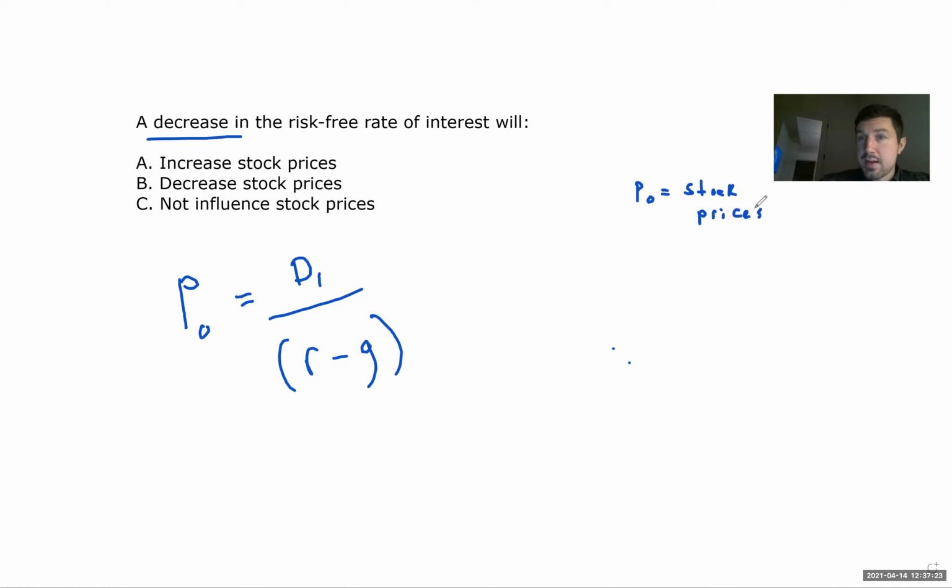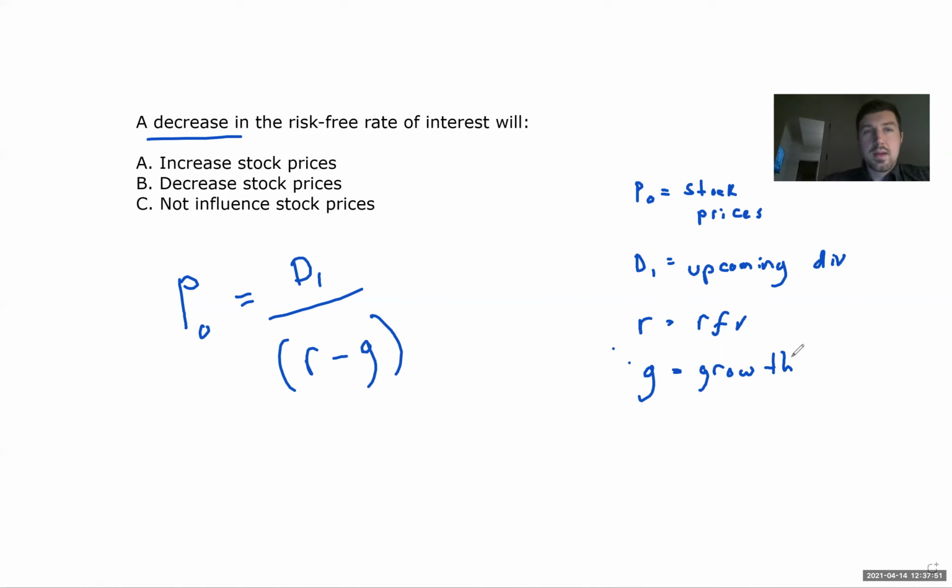P naught is the price at time zero, so the price today. D1 is the upcoming dividend, so the dividend in period one. So not the dividend that just happened, but the upcoming dividend. R is the risk-free rate of interest, and G is the growth rate of the firm.